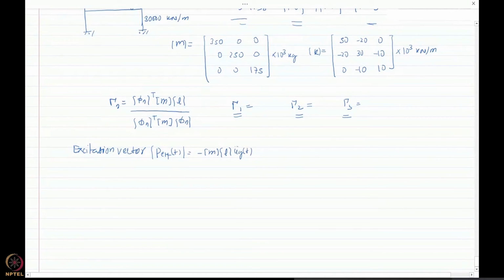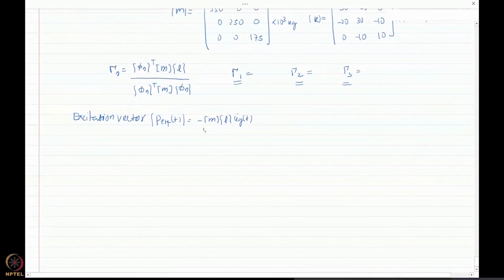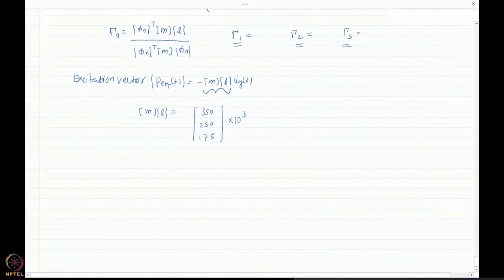So what you need to do is find the expansion of this vector. That is the next step. What is M times L? M times L would be simply 350, 250 and 175 times 10 to the power 3. So you need to find out this vector.